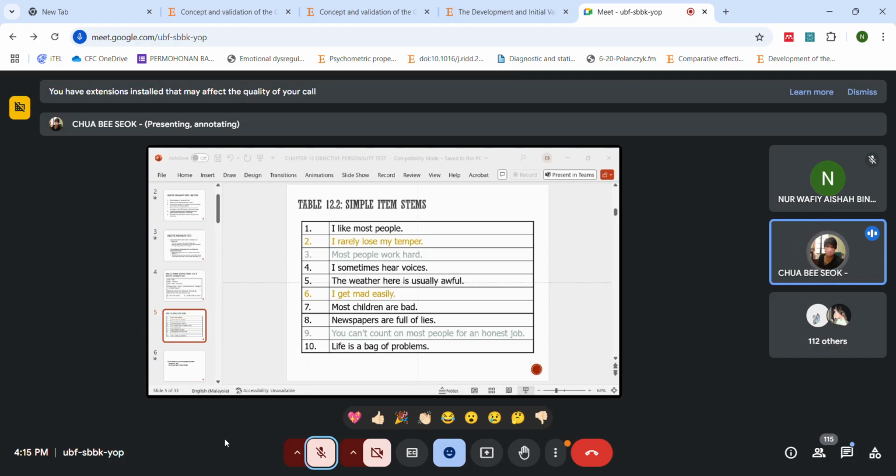We use personality test in clinical setting. Okay, clinical setting, when you do clinical therapies or the clinician has therapy sessions with clients, sometimes they will use personality test. Beside objective personality test, the clinical psychologists, not psychometricians, sometimes will also use projective personality test.